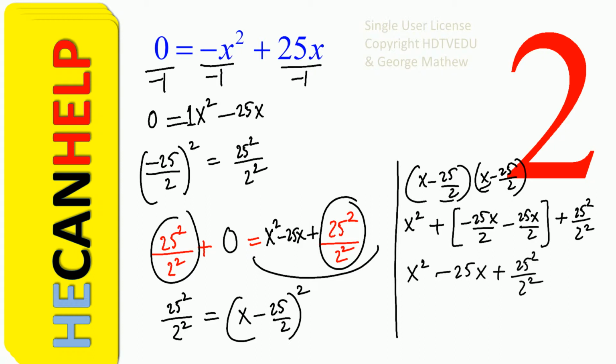So from which we get two solutions. Now what do we do? We take square root on both sides. When we take square root on both sides, we get x minus 25 over 2 equal to plus or minus the square root of 25 squared over 2 squared, and that is plus or minus 25 over 2.